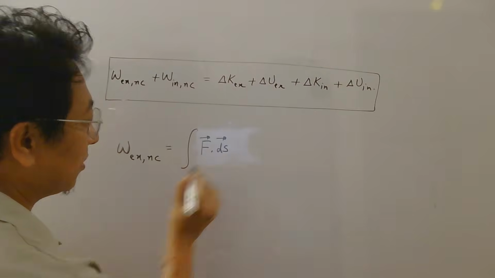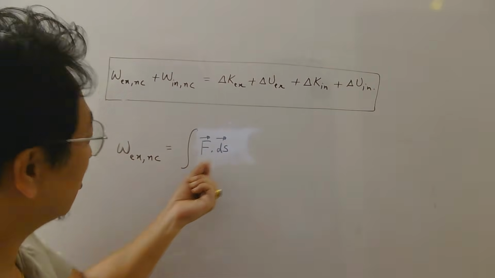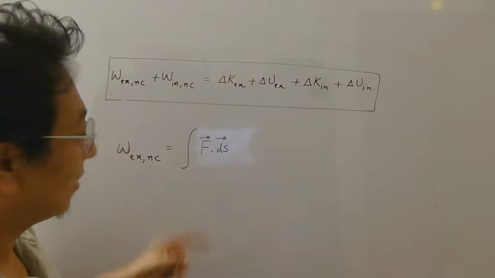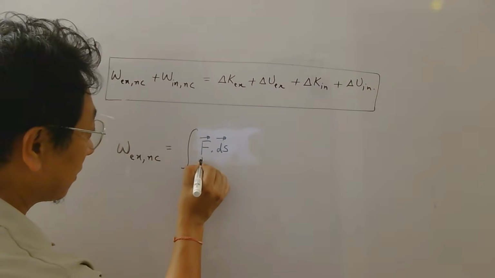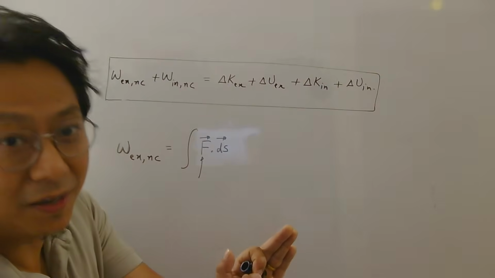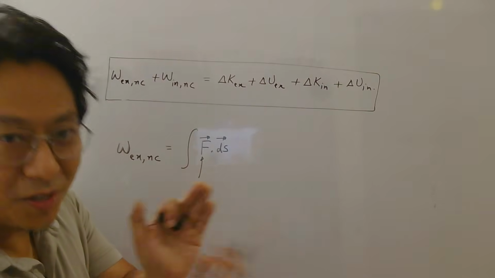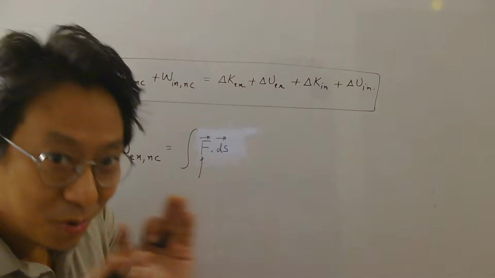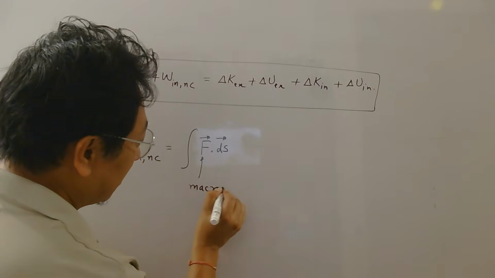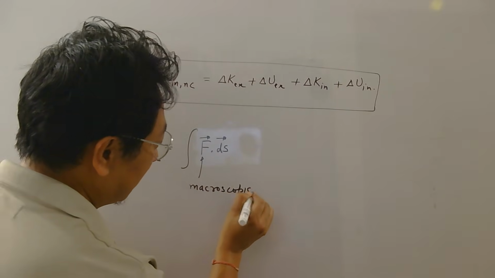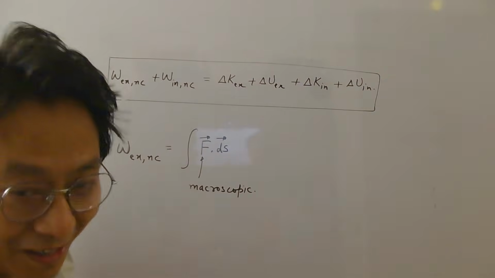This equation is something which you guys already know, right? Force dot displacement is work done. Then integrate to find total work done. Now this F is the force which is applied. Okay, it could be the frictional force, or it could be me pushing the body. So this is a macroscopic force. It can be measured, 5 Newton, 10 Newton, right?